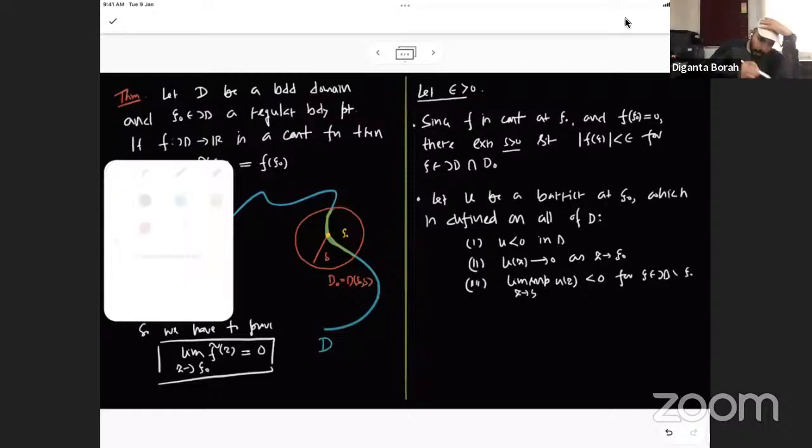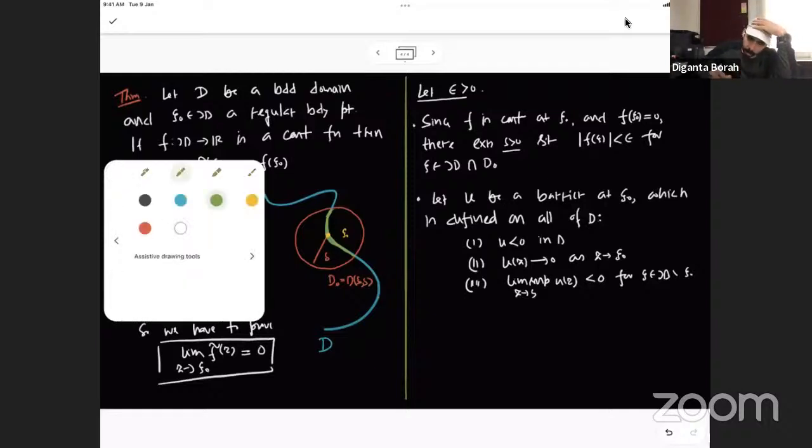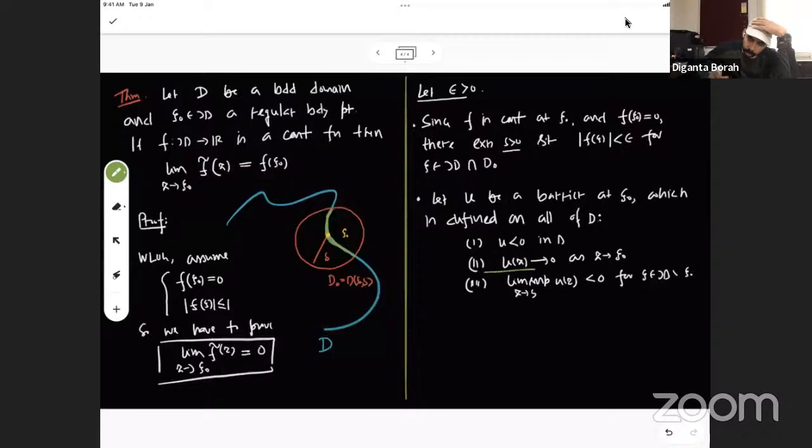Now look at this property, the condition 2. This barrier converges to 0 as z goes to zeta naught. So if I somehow can squeeze the Perron solution f tilde between, say, u and 0, I'll be done, right? If I can show that f tilde is more than u, but not more than 0, then because u is going to 0, it will push f tilde also to 0, and we'll be done.